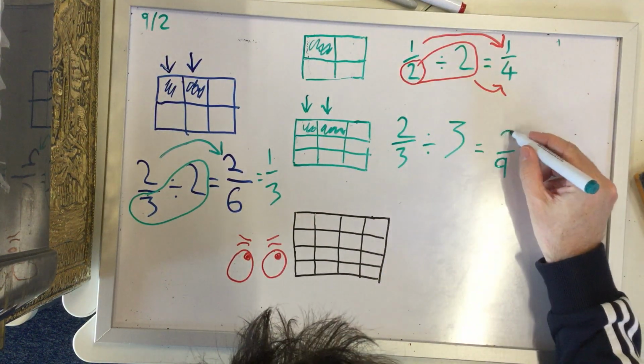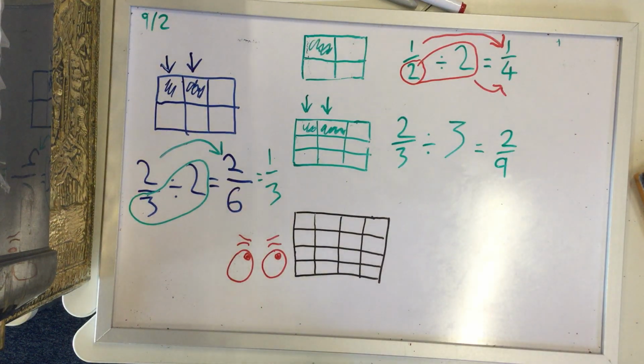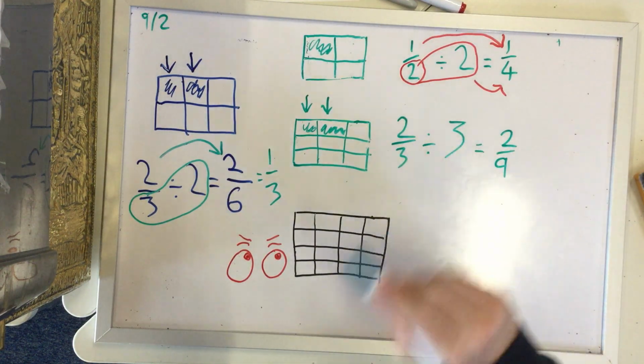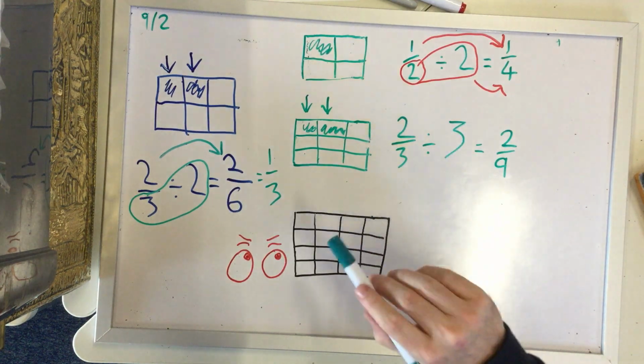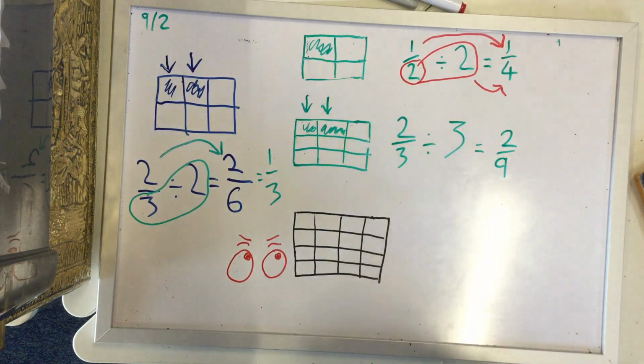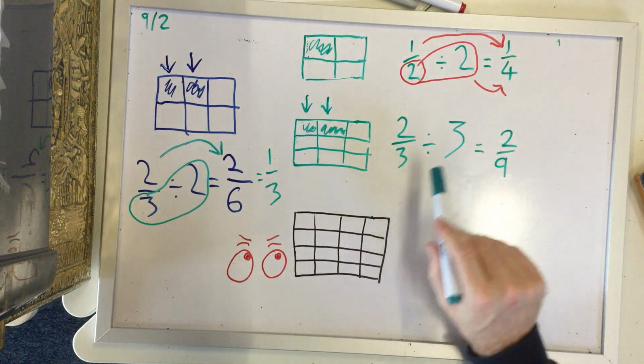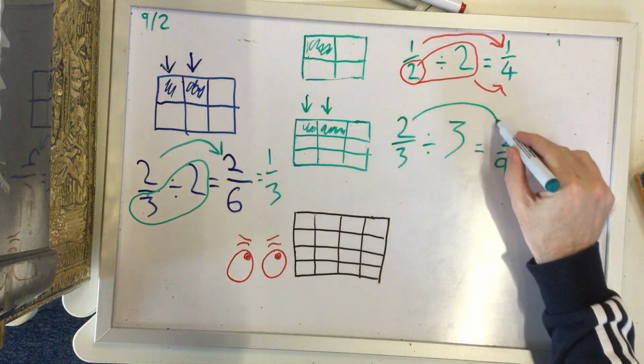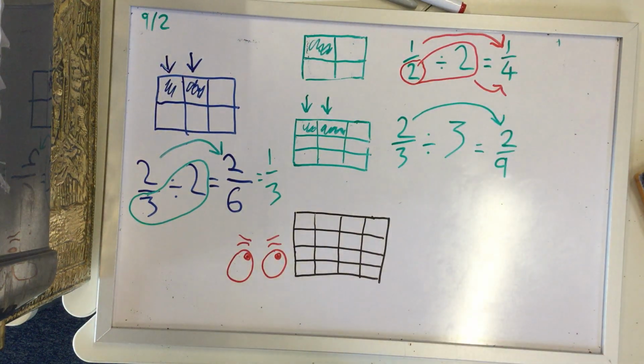But still only 2 there. Okay, so there's that relation, 3 times the 3, so your denominator times the whole number will give you the denominator in your answer, and then your original numerator gets written back over the top there, so 2/9.